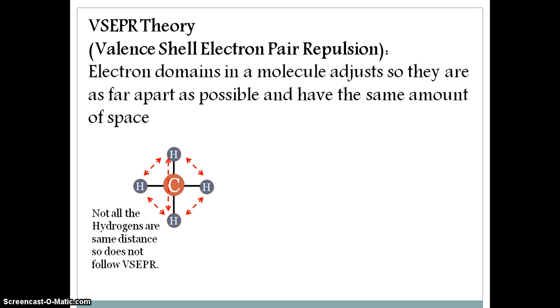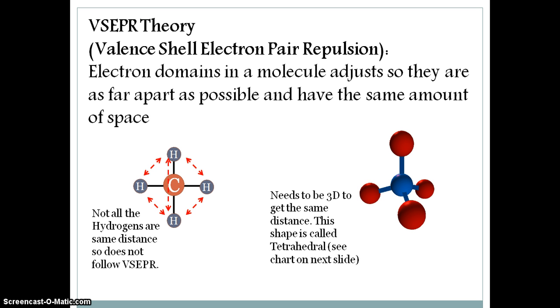So what actually happens is these electrons are going to shift so that we have more of a 3D shape. And if you were to look at this, and we'll be building them, they actually are all the same distance, following this VSEPR theory. This shape is called tetrahedral.